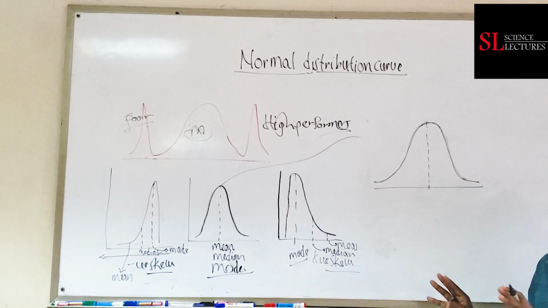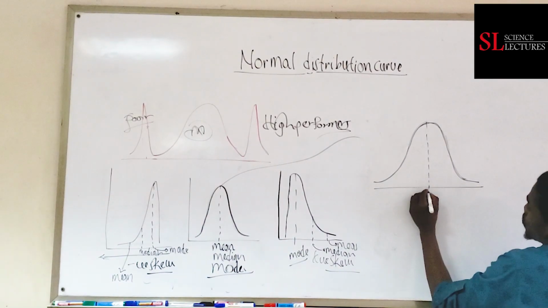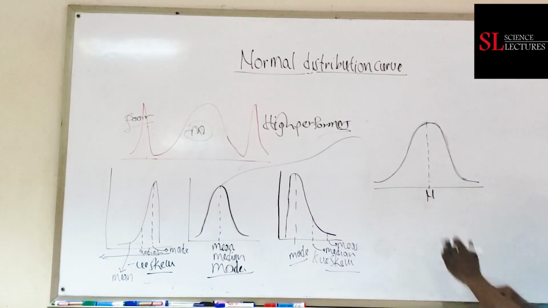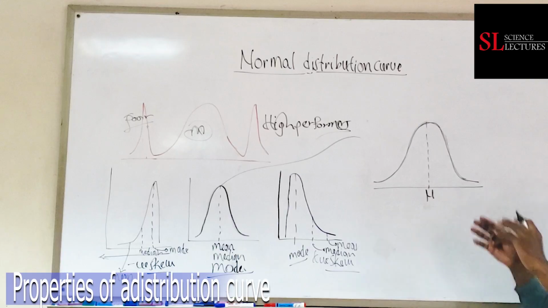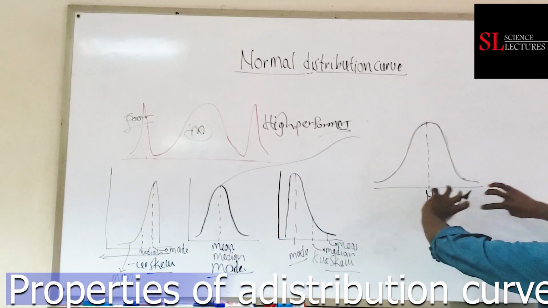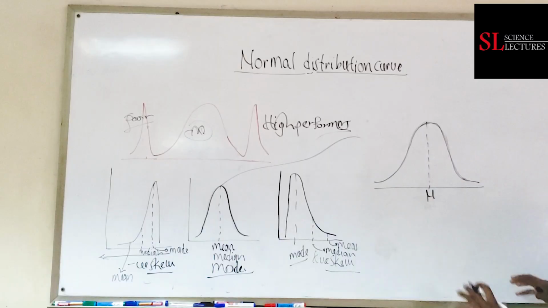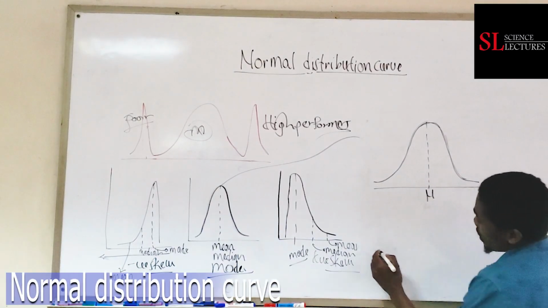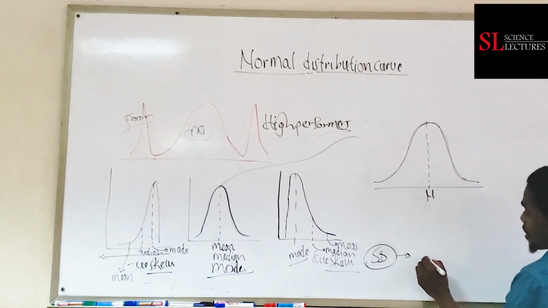So let's imagine we are using a population mean. We said earlier in our initial videos that the population mean is denoted by mu. And whenever data are spread from the mean, we define that by the concept of standard deviation. The standard deviation of a population is denoted by sigma.